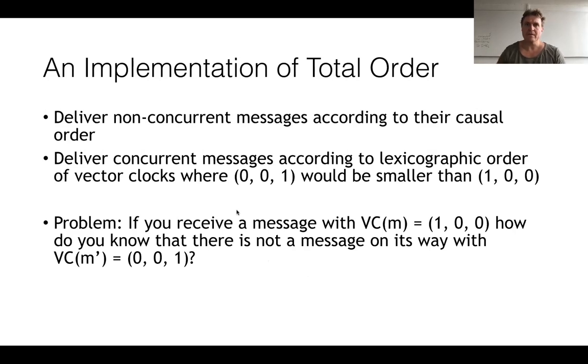So the first thing we will do is to agree on the order in which messages should be delivered, assuming that we have a global view of the system, okay? So let's not, for now, be confused about whether messages are on their way or not. Let's just say we have a global view of all messages. What order would we like to deliver them? Okay? And the one I picked for the course is the following one.